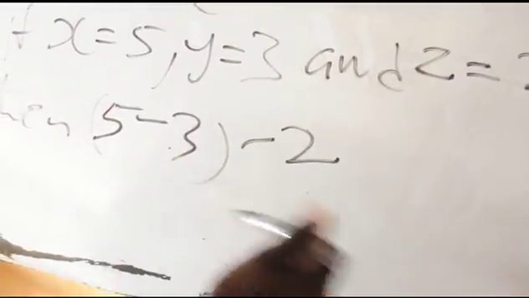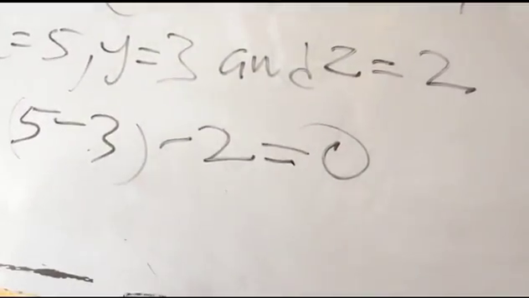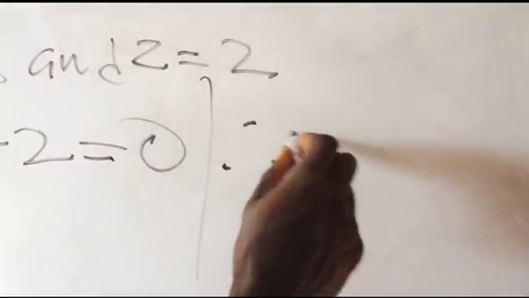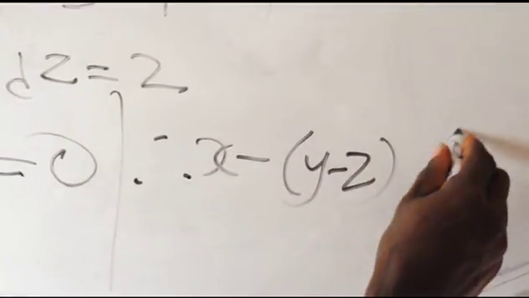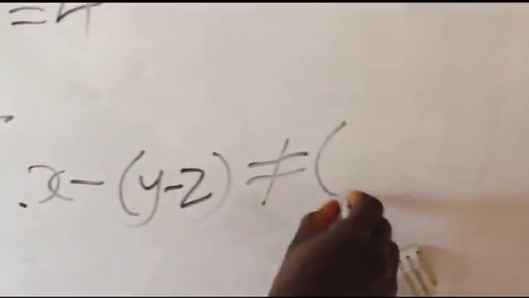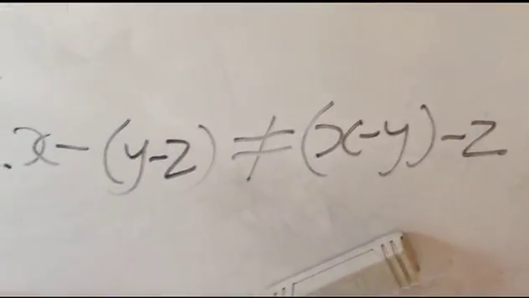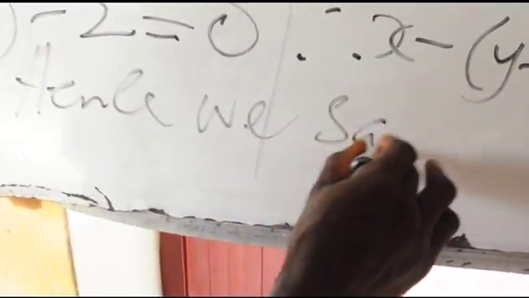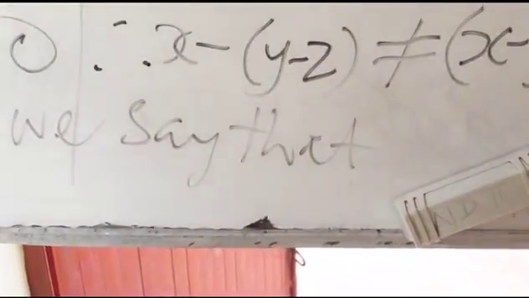So 5 minus 3 is equal to 2, and 2 minus 2 is equal to 0. Therefore, x minus (y minus z) is not equal to (x minus y) minus z. Hence we say that subtraction is not associative. So let's look at division.